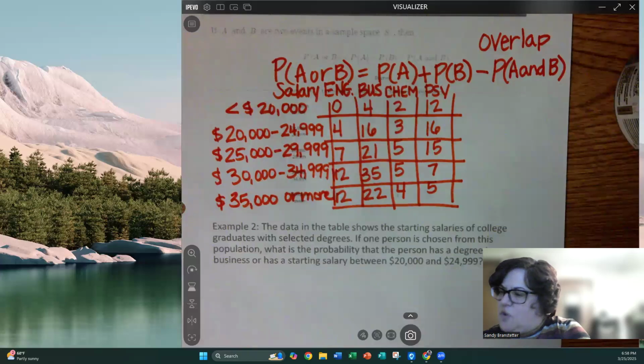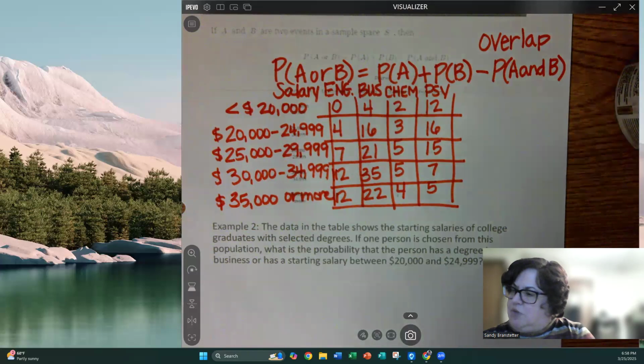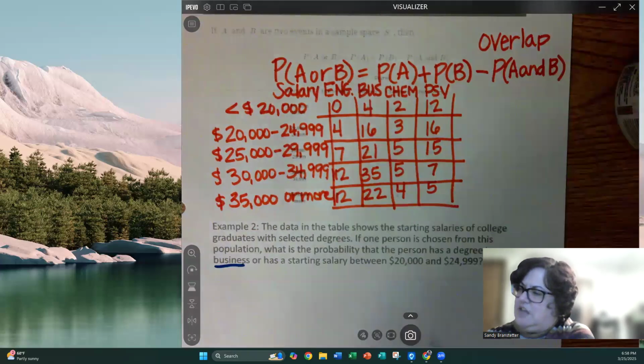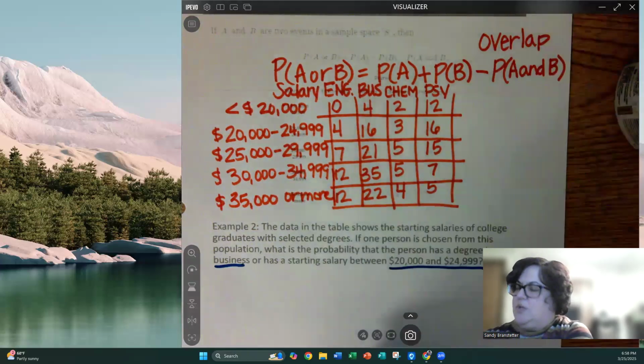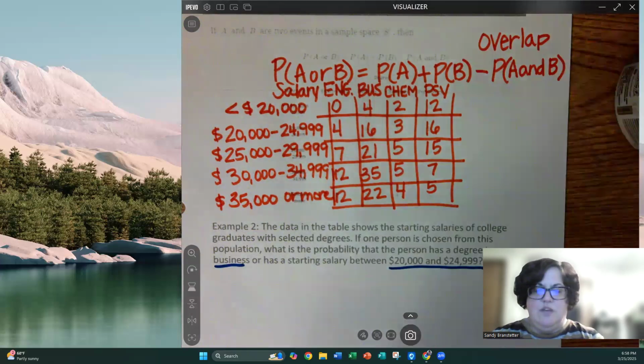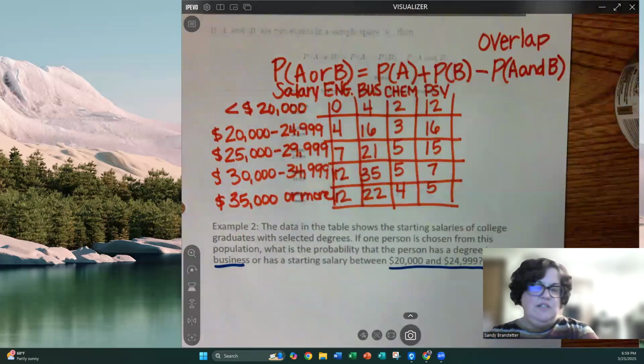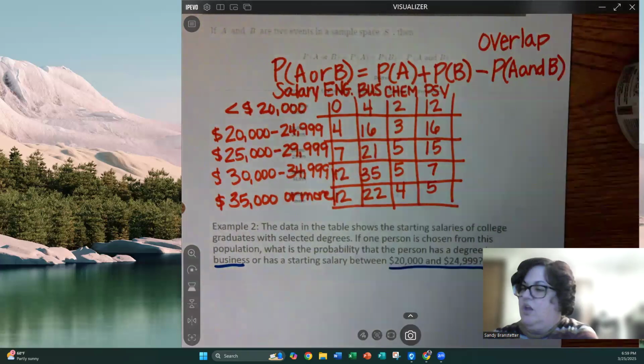And then it says, if one person is chosen from the population, what's the probability the person has a degree in business or a starting salary between 20,000 and 24,999. So we want to look at two pieces of information.